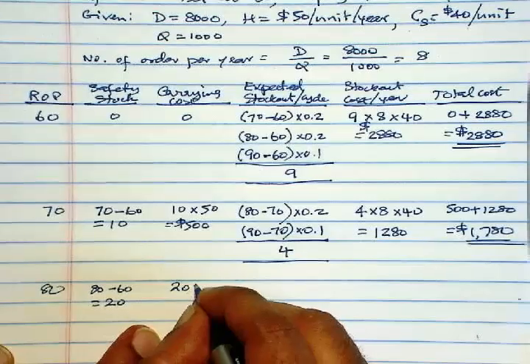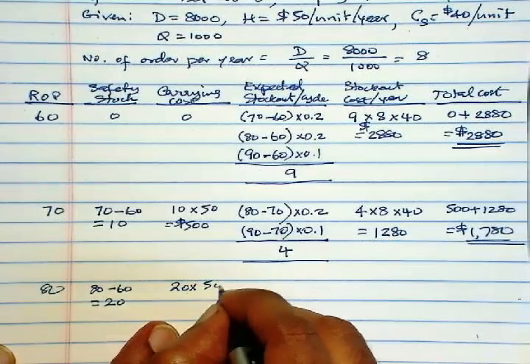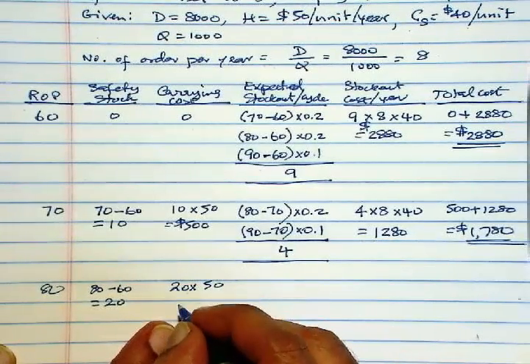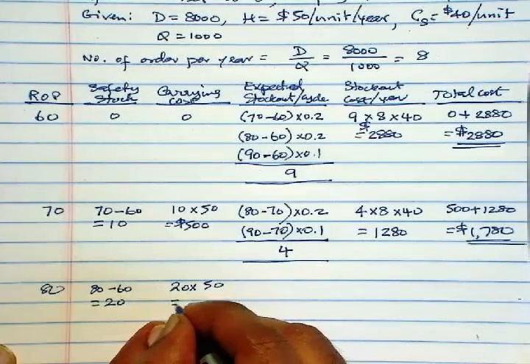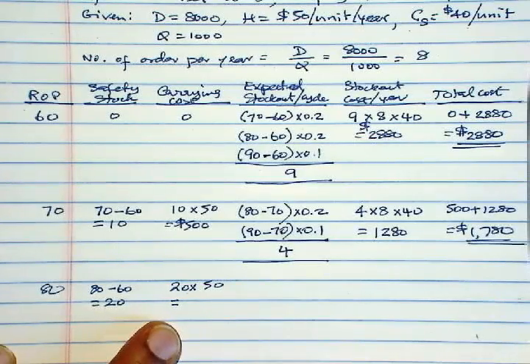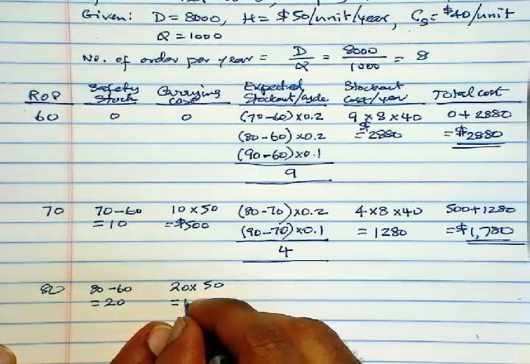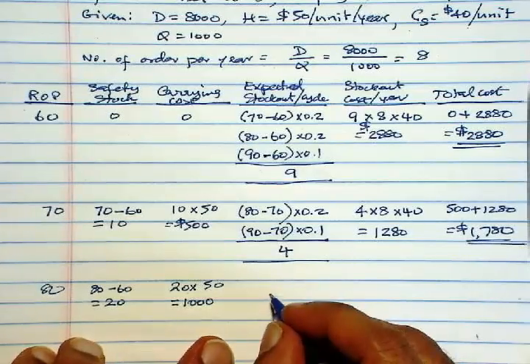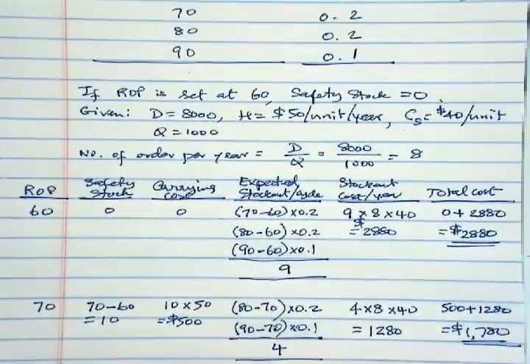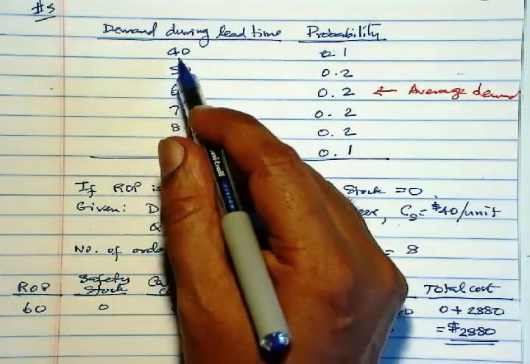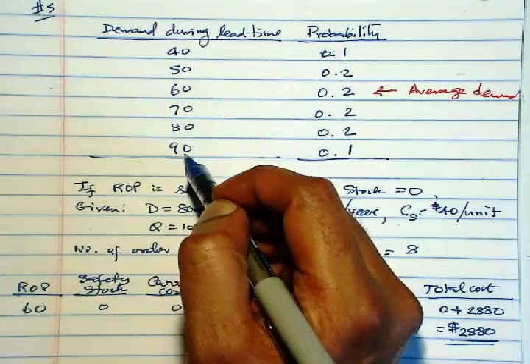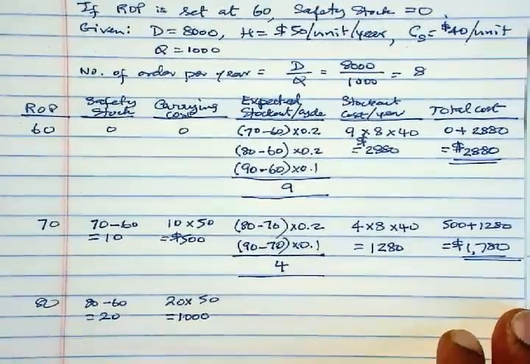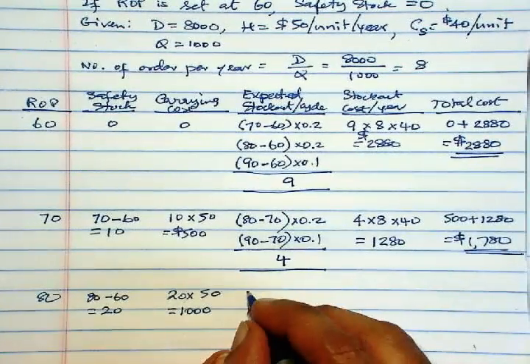So your carrying cost will be 20 times 50, so that will be equal to 1,000. Now stock out, up to 80 there will be no stock out. So the only time when there will be stock out is if the demand is 90. So there is only one case.